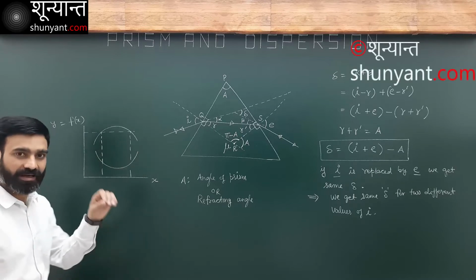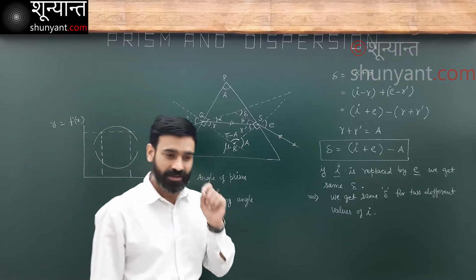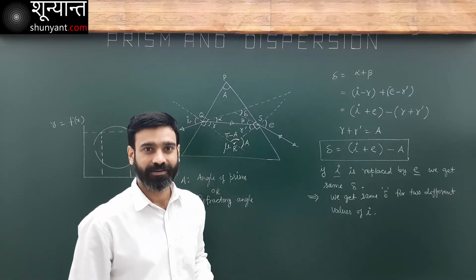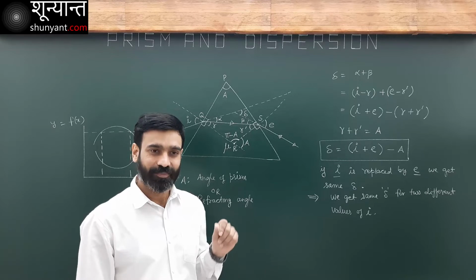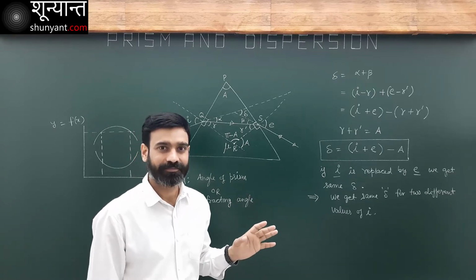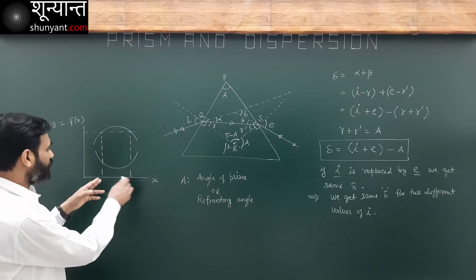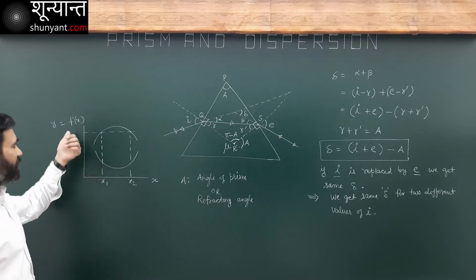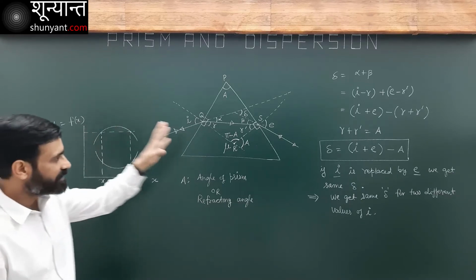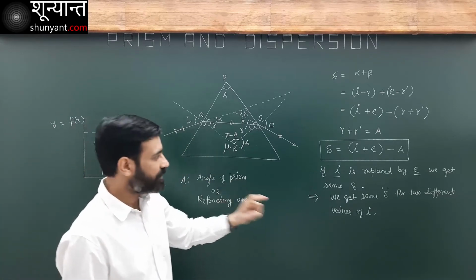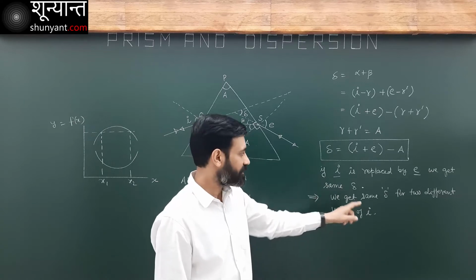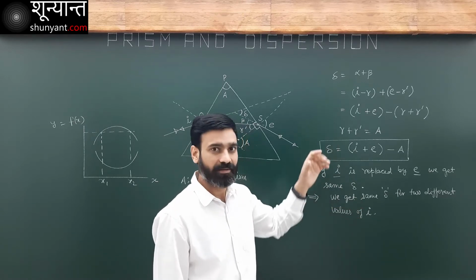That means the function absolutely is going to have either a maxima or a minima. A very simple mathematical fact. For two different values of x, x1 and x2, I am getting the same value. Exactly the same thing is happening here. For two different values of I, I am getting the same deviation.